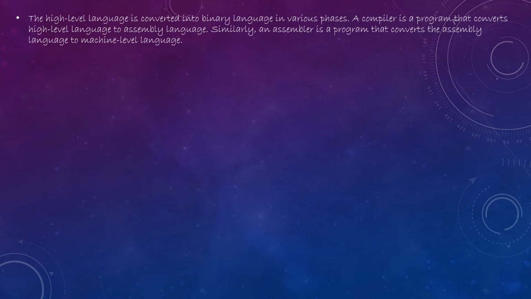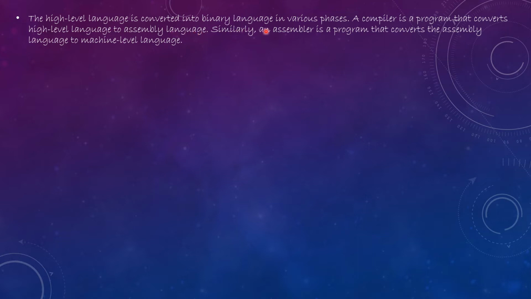Okay, now we see the high level language is converted into binary language in various phases, right? Here we know these are the phases. First we can see the compiler and the assembler. These both are phases. A compiler is a program that converts high level language to assembly language.